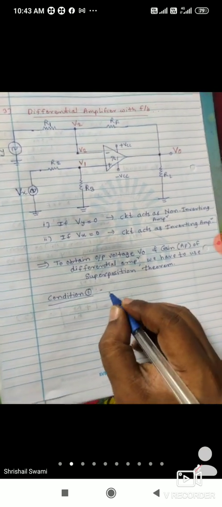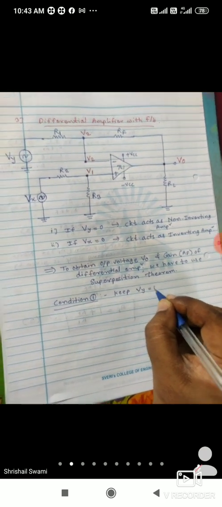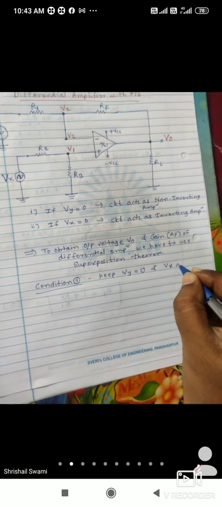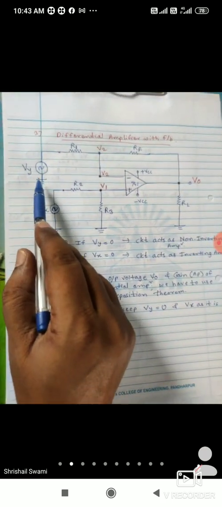Now first of all, condition 1: when only one source is there. Condition 1 means keep Vy equal to 0, that is, make Vy equal to 0 by connecting it to the ground, and keep Vx as it is.